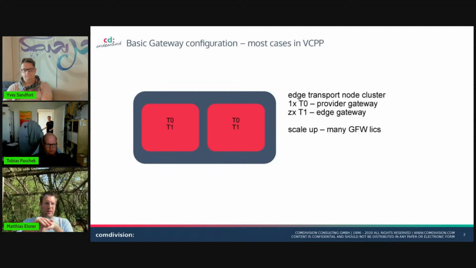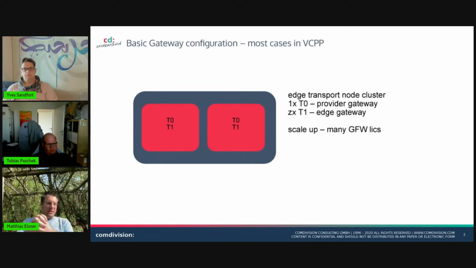In the old world, it was perfectly fine because you paid on virtual RAM. But in the new world with Broadcom, you need to commit more gateway firewall licenses because you scale up, you add CPUs, you add licenses to the edge transport nodes, right? So in the new world, this model might not make sense.